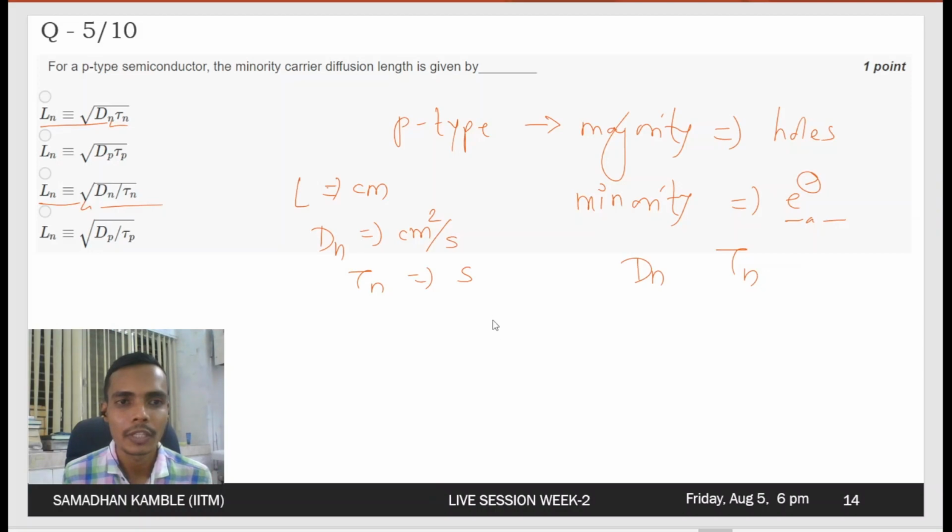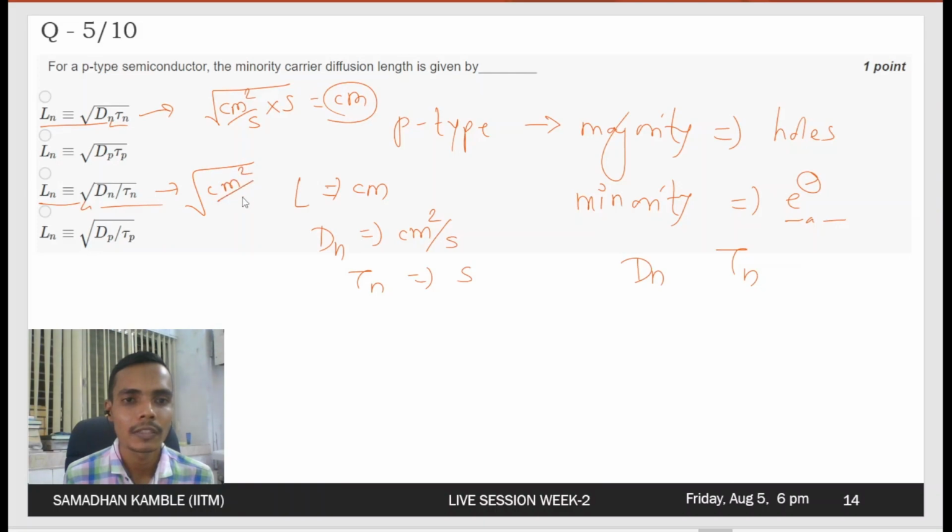For option A we have dimensions as centimeter square per second times second. Second gets cancelled and we have centimeter. For the other option we have centimeter square per second divided by second, so it goes to centimeter per second, so it is not a correct option, and option A is the correct option.